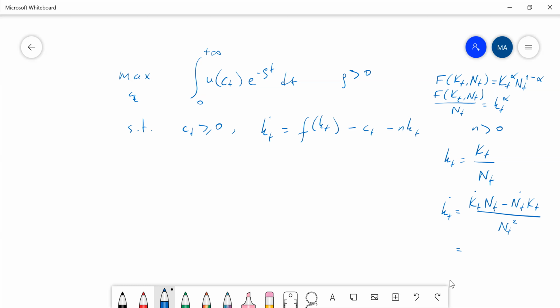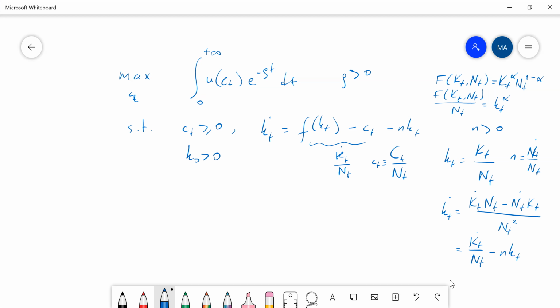So you have K dot(t) divided by N(t) minus n times k(t), because we define n as the growth rate of the workforce. Then you have the investment here. If there's no depreciation, per capita investment is this. So this is basically per capita investment, and c is of course per capita consumption.